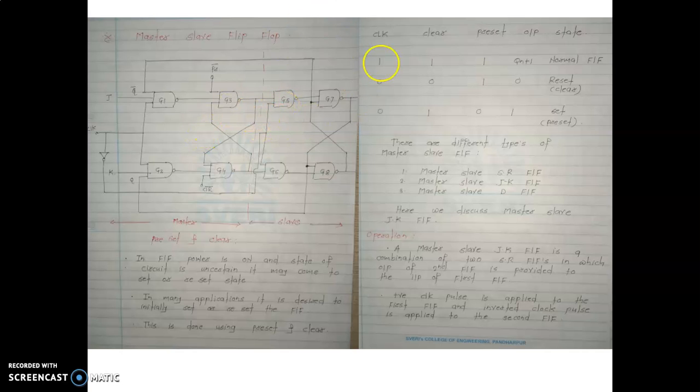In the other condition, if we provide the clock pulse as 0, the master flip-flop will be disabled and the slave flip-flop will be enabled. Whatever the output of the master flip-flop is, it remains the same at the output of the slave flip-flop. So in this case we can avoid the multiple toggling effect.